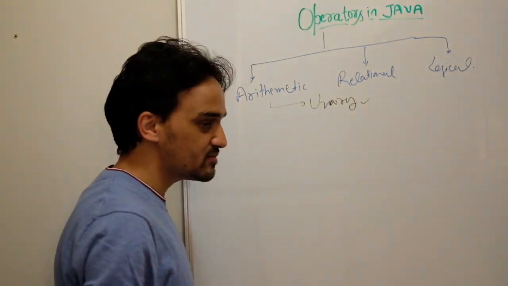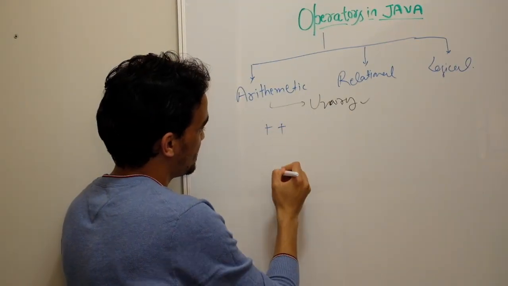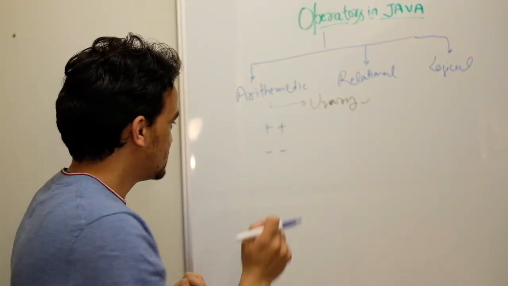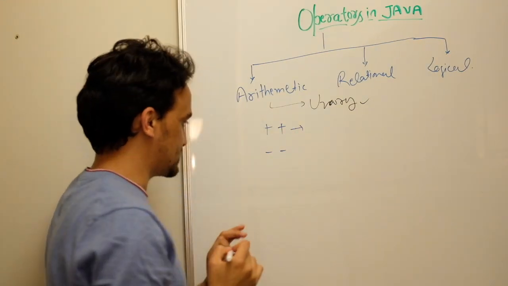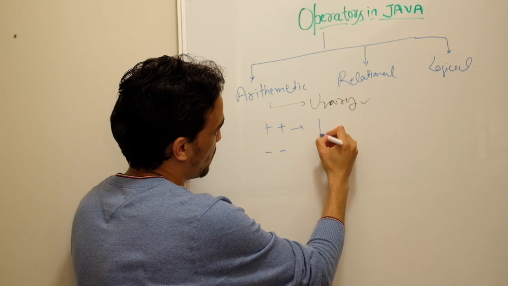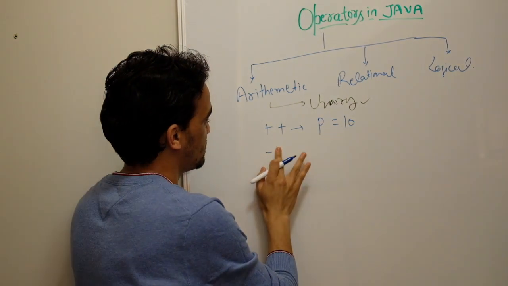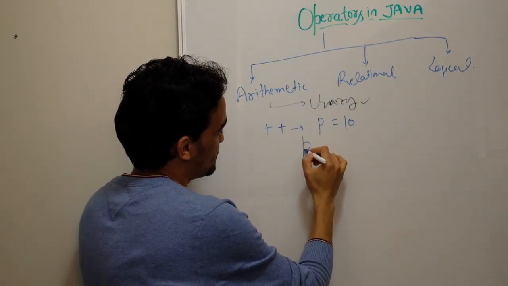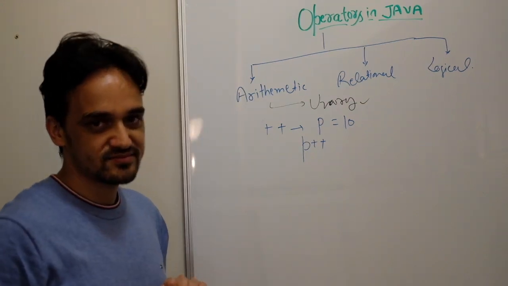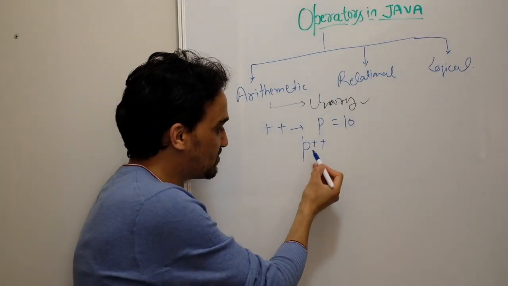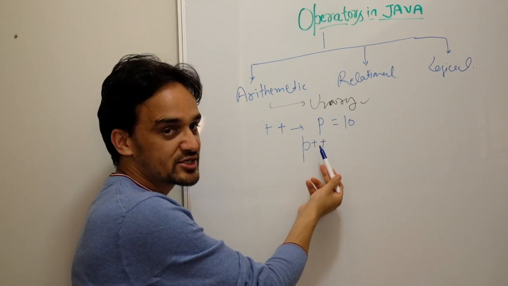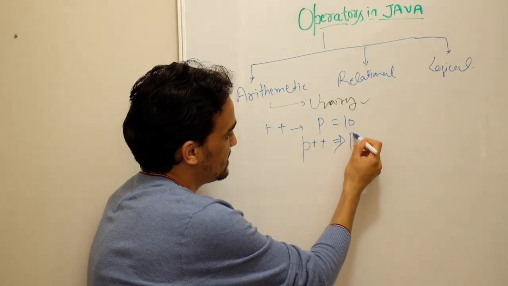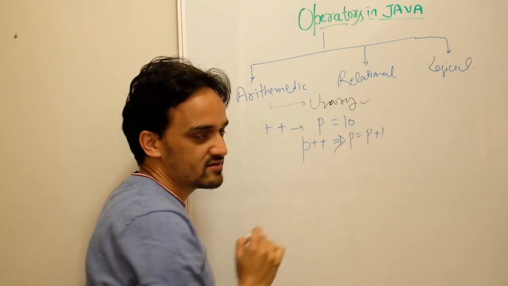Now we are going to talk about increment and decrement one by one, under the unary operators. Let's take an example of increment, plus plus. Let's suppose I have a variable p equals 10. Now what is the value going to be for p plus plus? See here, p followed by two pluses is nothing but another way to say p equals p plus 1.